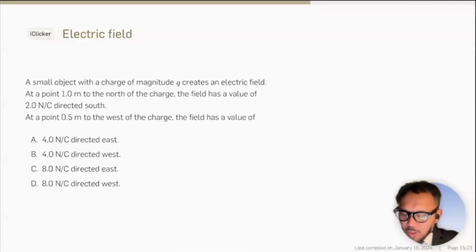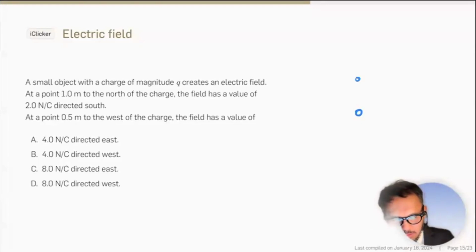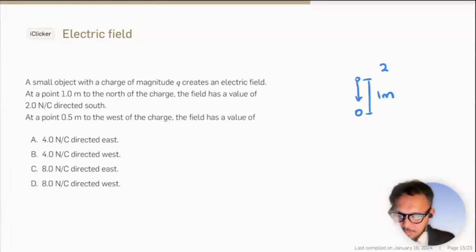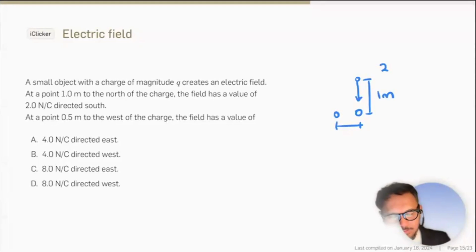At 0.1 meter to the north of the charge, the field has a value of 2 directed to the south. At a point 0.5 to the west of the charge, the field has a value of, and direction. Okay, so please pause the video.